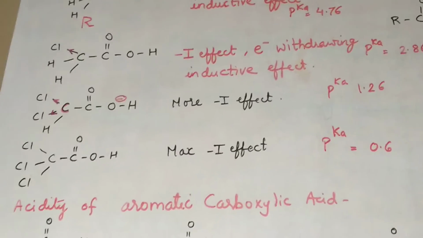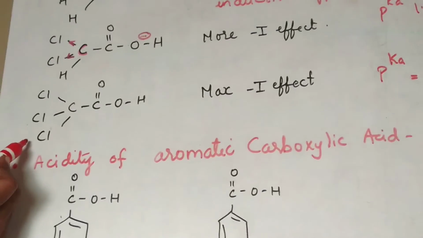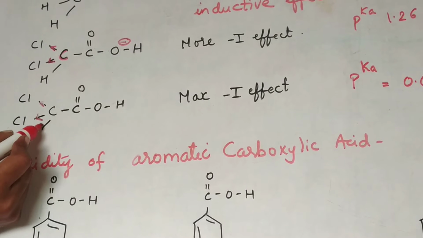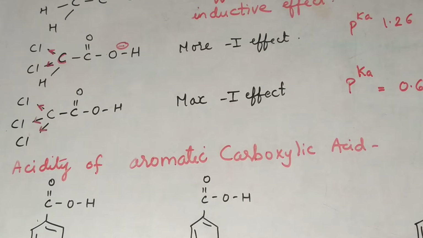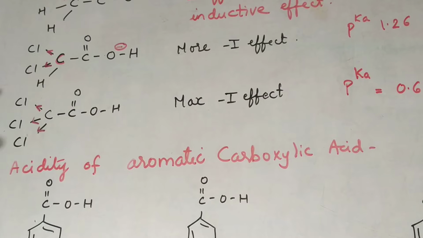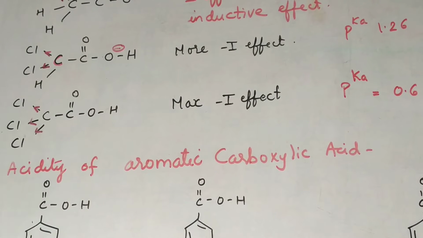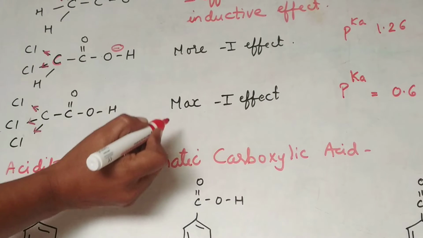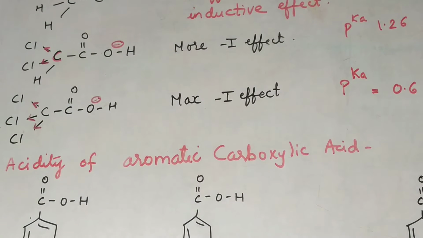In the last case, all the 3 H atoms are replaced by Cl. So the minus I effect becomes maximum. All the 3 chlorine atoms are pulling the electron density towards them. So minus I, electron withdrawing inductive effect has become maximum in this case due to the presence of halogens which are attached to carbon. And in this condition, the conjugate base that is formed by loss of H, that minus charge on oxygen is stabilized.